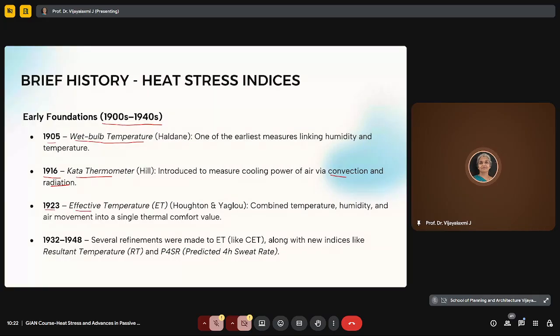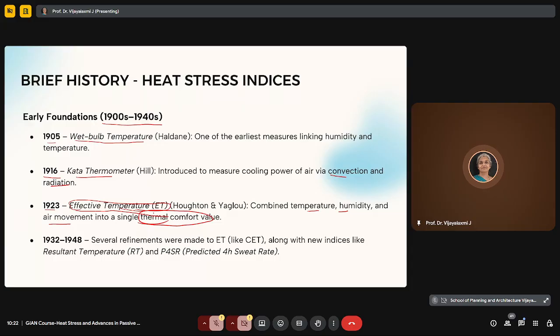1923, the effective temperature. This is what I think most people in my generation, or people who follow the Manual of Tropical Housing, would have heard about, where temperature, humidity and air movement are combined into a single value.